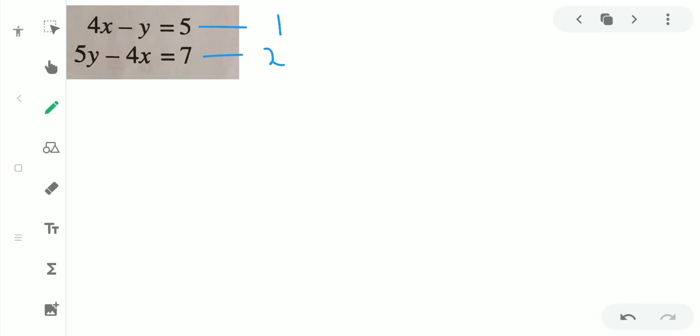Now as we have done in the previous sum, let us do in the same way. That is, my plus 5 I am transposing to LHS. 4x minus y minus 5 is equal to 0.